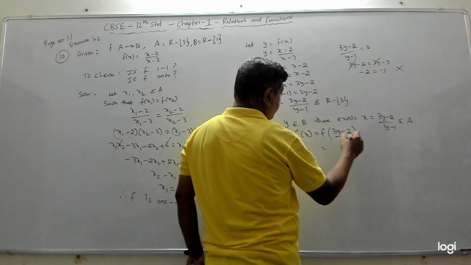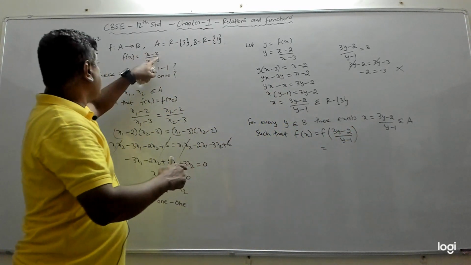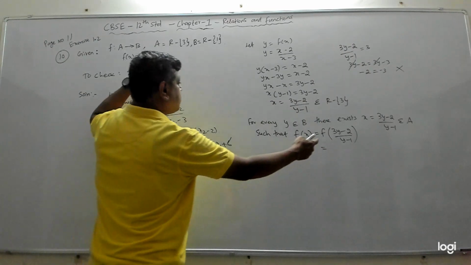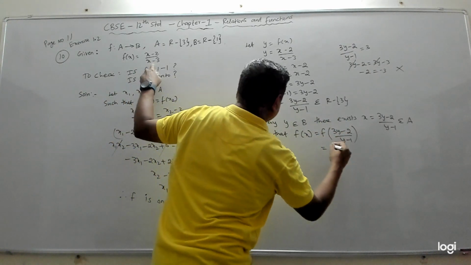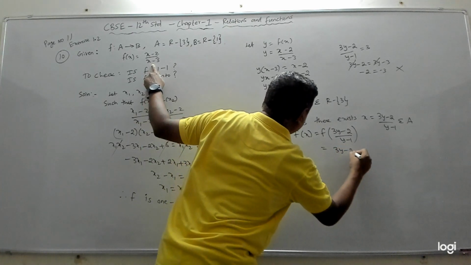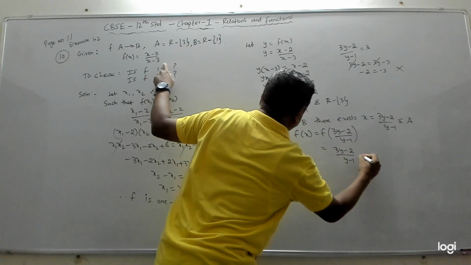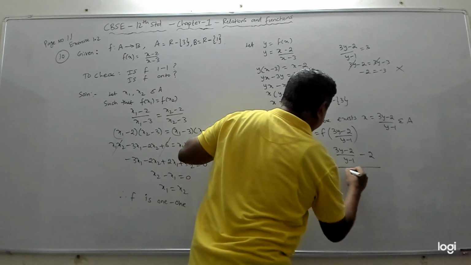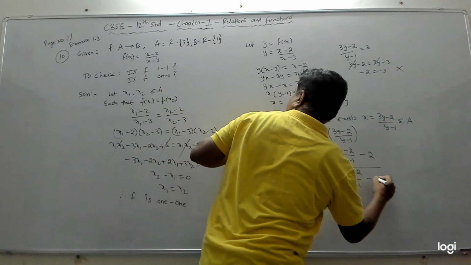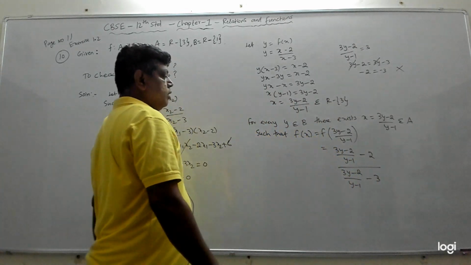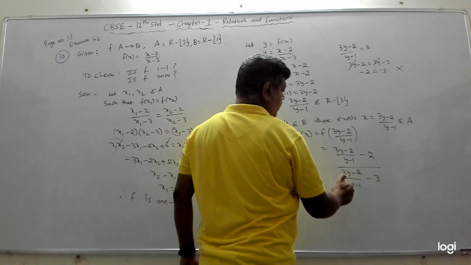F of x is x minus 2 by x minus 3. So, f of this means wherever x is there, I have to put 3y minus 2 by y minus 1 in this. So, it will become 3y minus 2 by y minus 1 minus 2, divided by 3y minus 2 by y minus 1 minus 3.